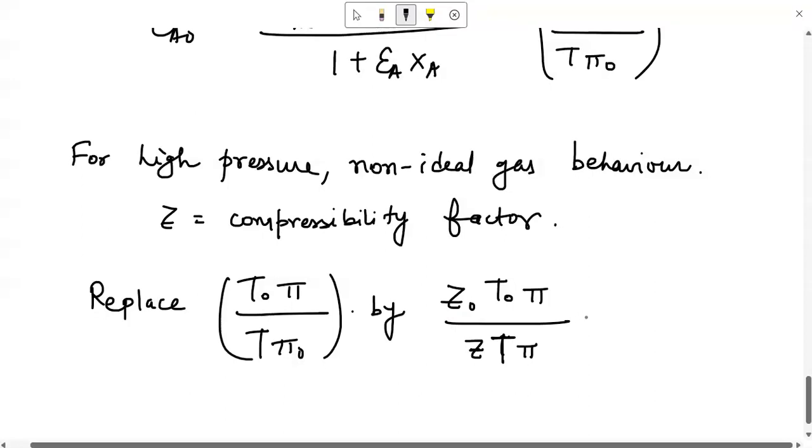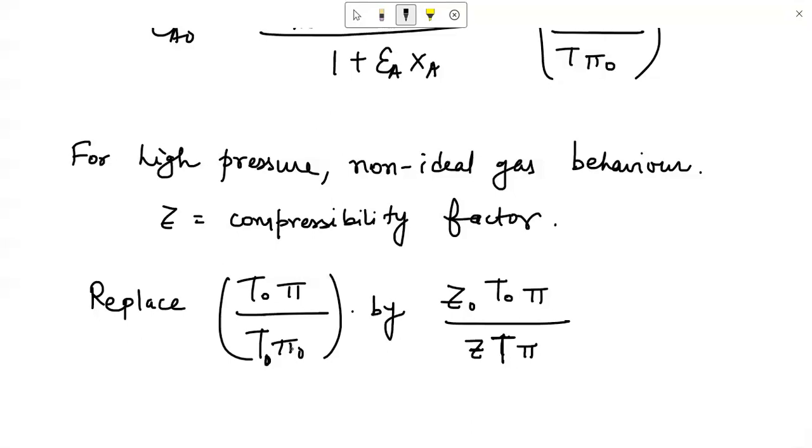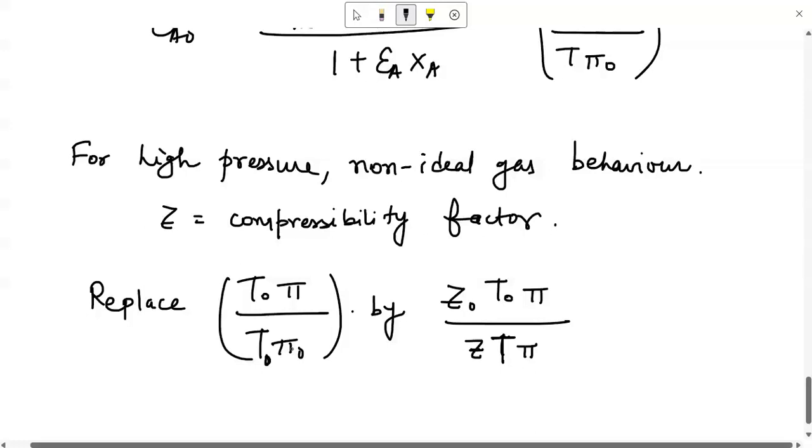Okay, I missed one thing, this will also be T0 pi 0. So you will be replacing, right? Now this Z becomes the compressibility factor.